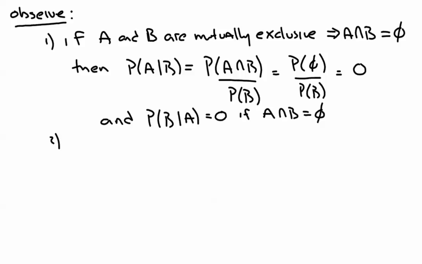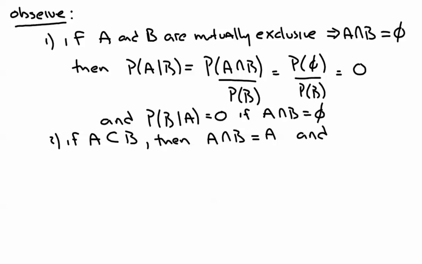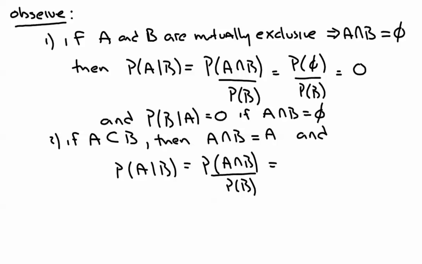Another observation. If A is a subset of B, then clearly A intersect B is A. If all the elements in A are in B, then A intersect B is A. And probability of A if B equals probability of A intersect B divided by probability of B, which is probability of A divided by probability of B. That's one piece.